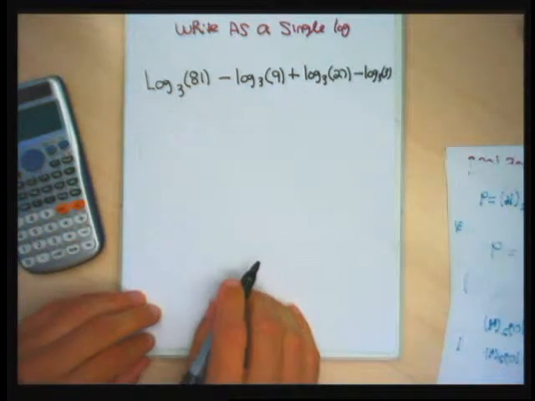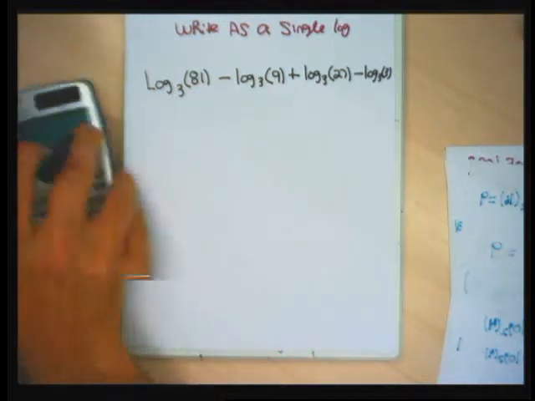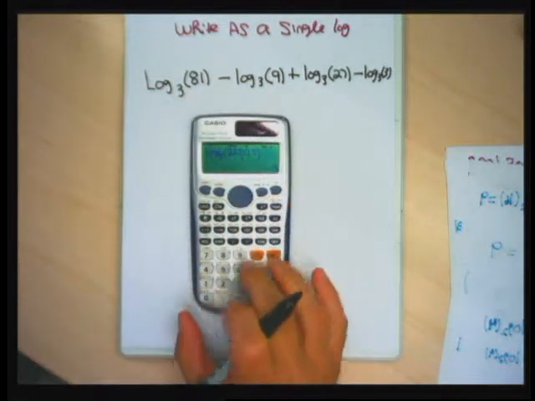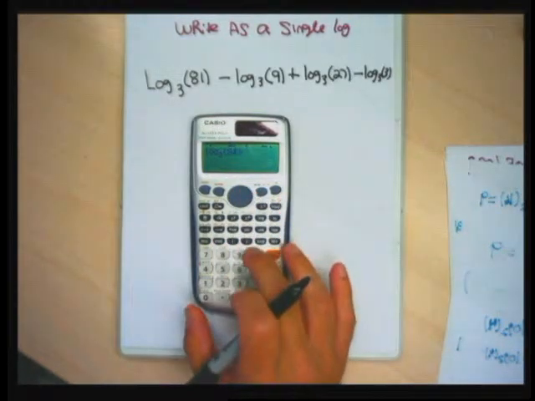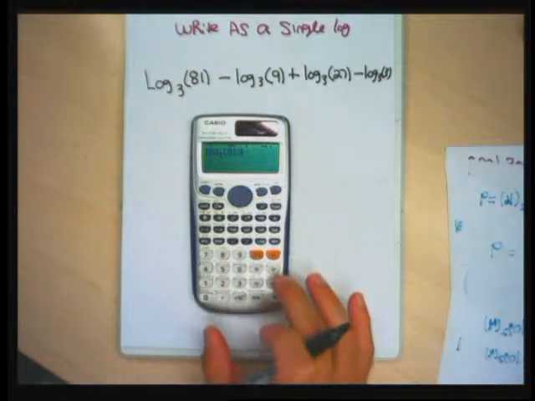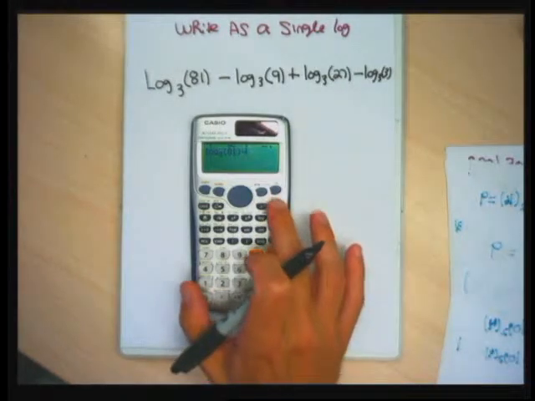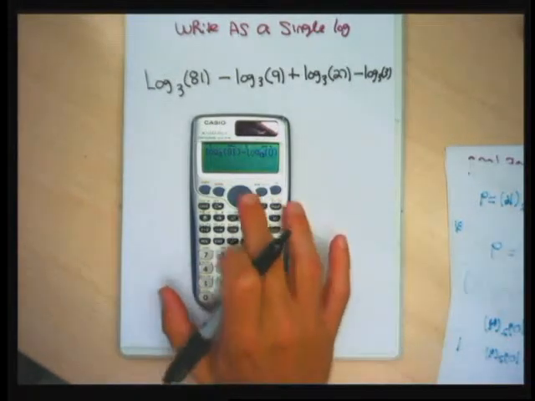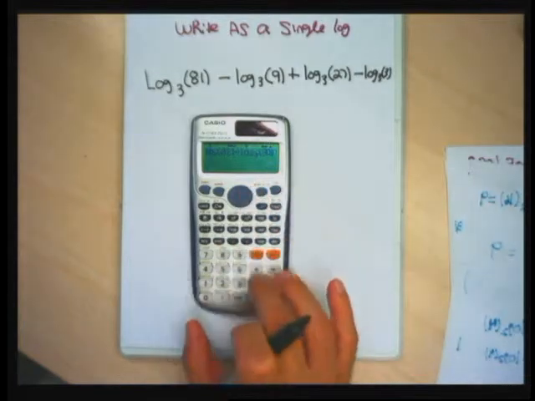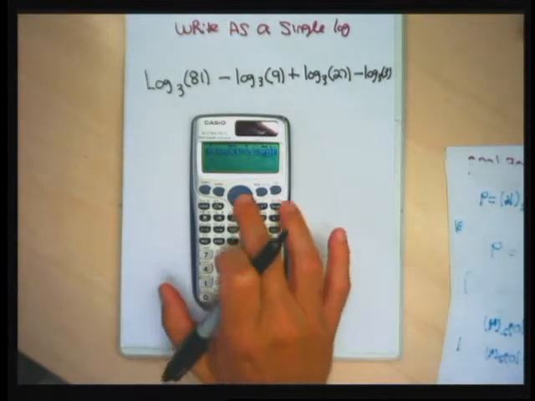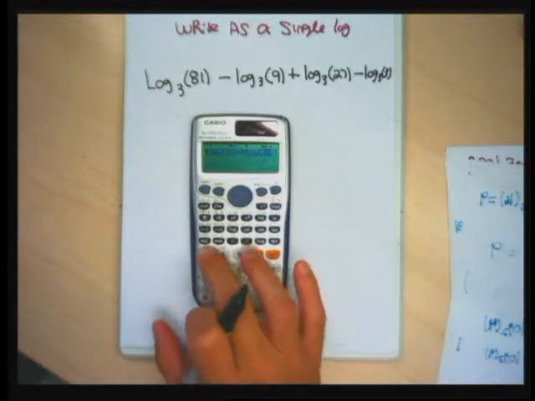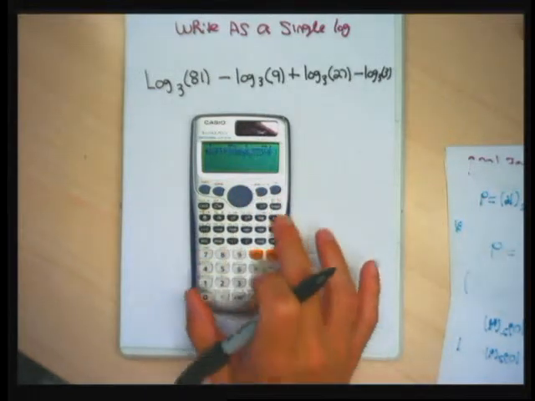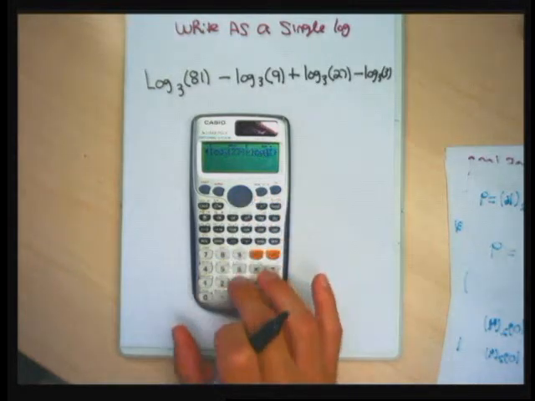I'm going to figure out what this actually equals as a number because I can. So log base 3 of 81 minus log base 3 of 9 plus log base 3 of 27 minus log base 3 of 3.